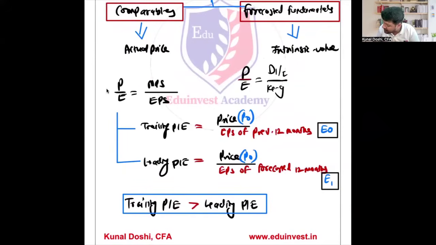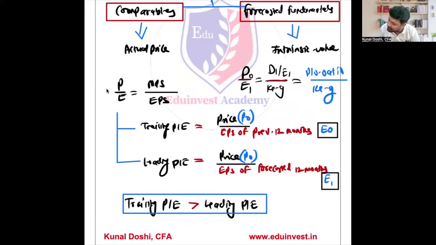And since there is earnings, let's say leading next year, this translates to dividend over earnings, which is what we call the payout ratio. Dividend over earnings is nothing but your payout ratio, correct? Over cost of equity minus growth.